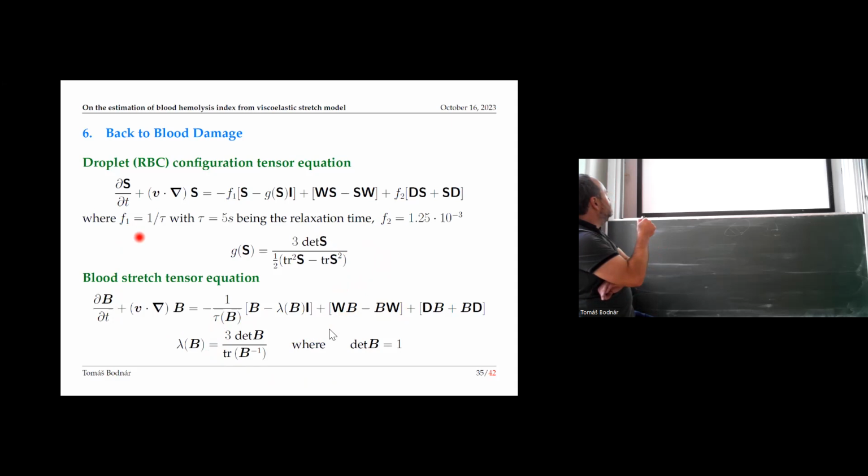They even have the same physical meaning. It's some inverse of the time scale here and so on. And also here you are using the invariants of the tensor. So the idea is, if I already have a code for this tensor B calculation, even if I'm using it for description of the rheology of blood and not for the blood damage, can I reuse the information for the blood damage assessment?